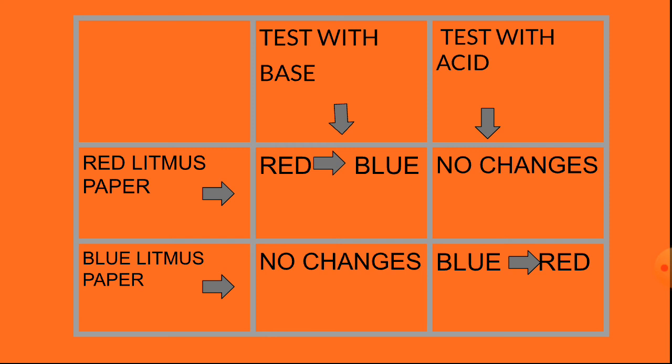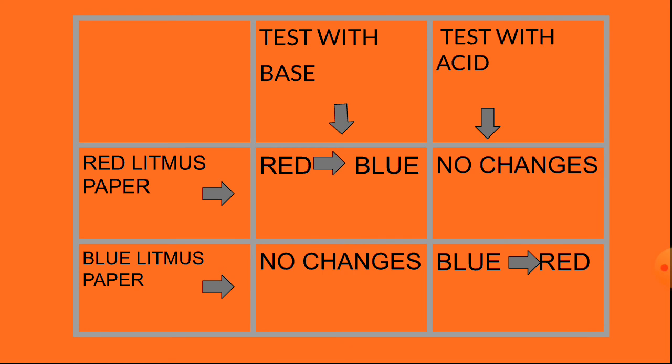But when red litmus paper is tested with an acid, no change occurs. When blue litmus paper is tested with a base, there are no changes to be seen. But when blue litmus paper is tested with an acid, the color changes from blue to red. Now, I think you are clear with the topic.